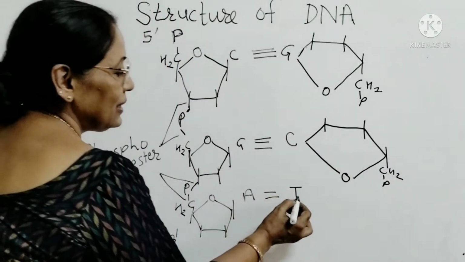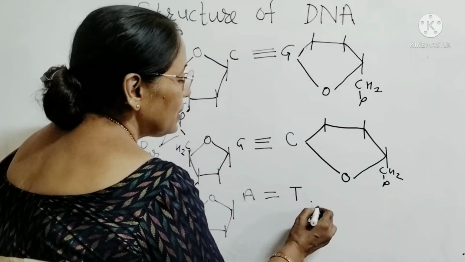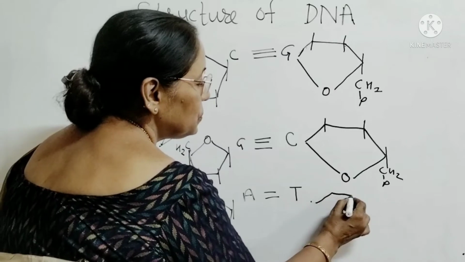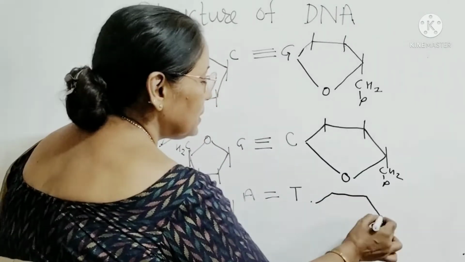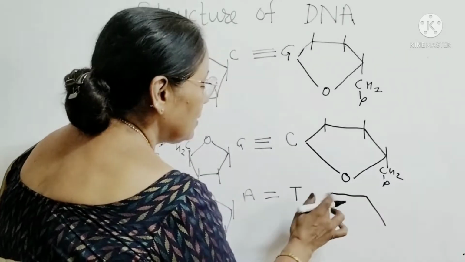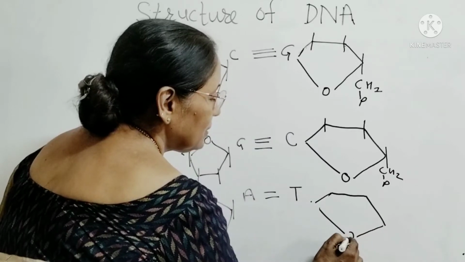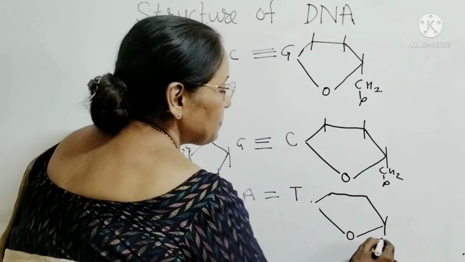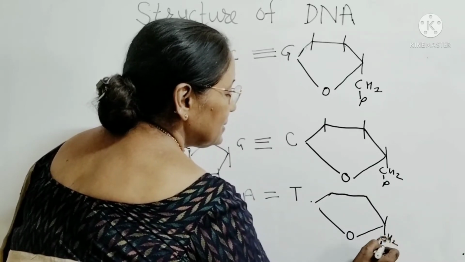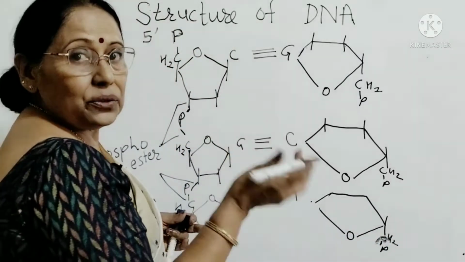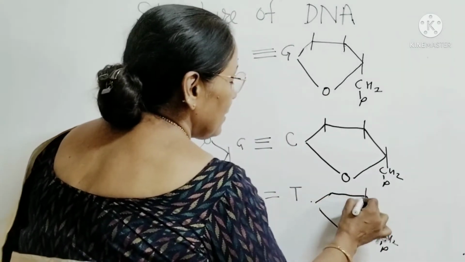Now the next one, this is the thymine. Here it will be attached to the C1. So here C1, 2, 3, 4 and this is the 5th with oxygen. Here is the last phosphorus, which is not attached to any other, if you consider it the last one.